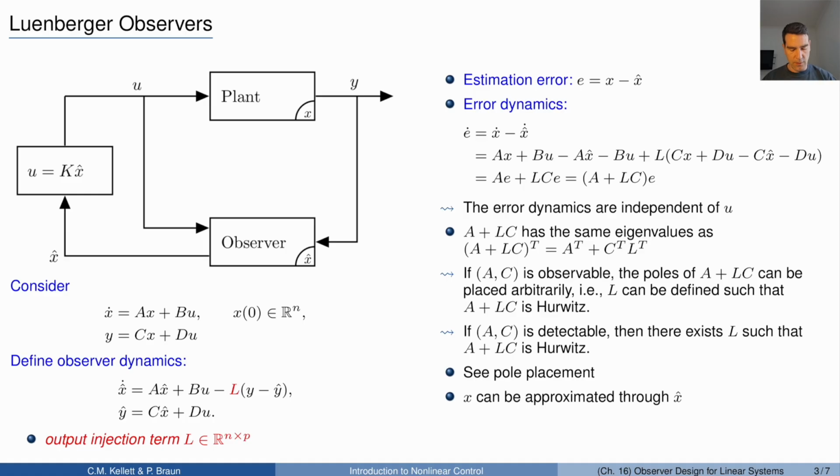So we can essentially use the same steps as in the controller design in terms of pole placement to ensure that, in this linear system setting, x can be approximated through x hat.